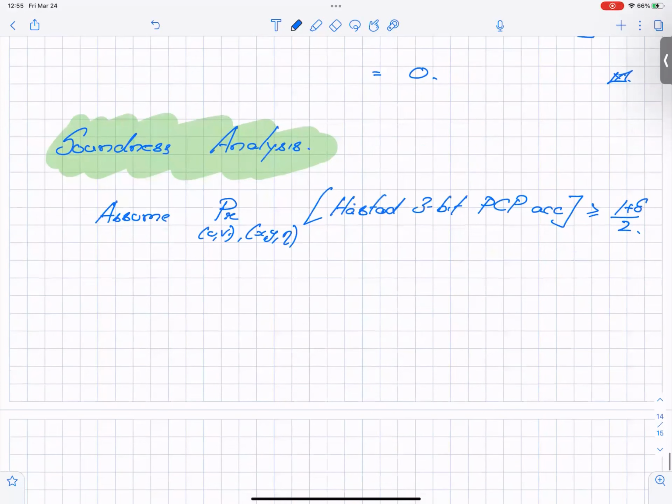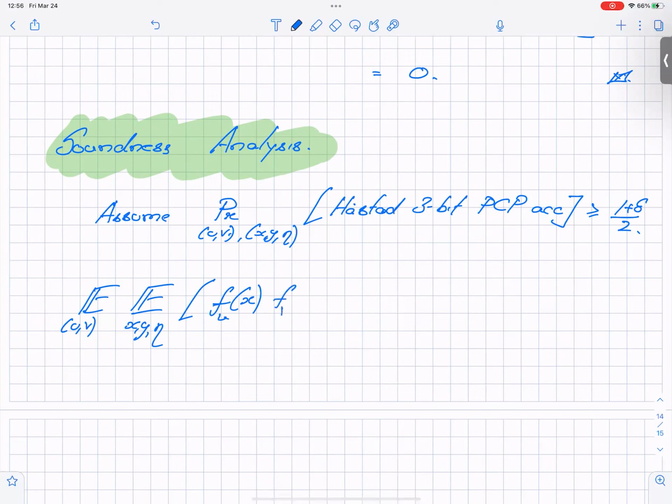This will imply that the expectation over UV, and expectation over x, y, eta of f_U of x, f_V of y, f_U of x plus y of pi plus eta is greater than or equal to delta.